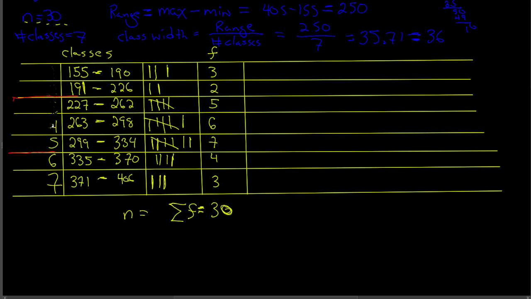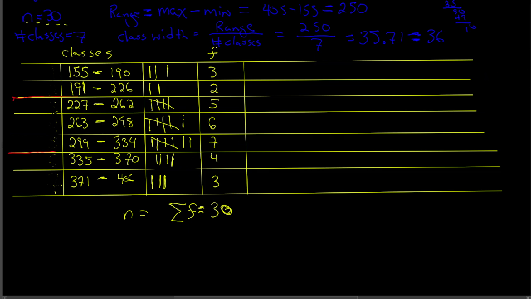As you'll see if you look ahead in the chapters, figuring out the midpoint of our data matters, and knowing the midpoint of our classes also matters. It's kind of where the average for what would be in the class would be. So we'll calculate the midpoints. Sorry, I'm just erasing these. I just used them because I knew I needed 7. And if I started writing them one by one, I might accidentally put 8 or stop at 6. So I just wanted to make sure where I was.